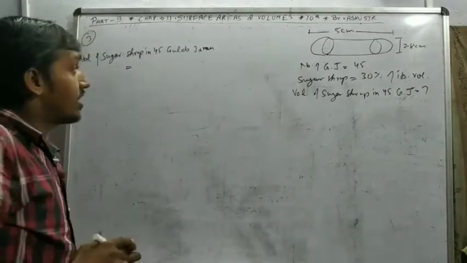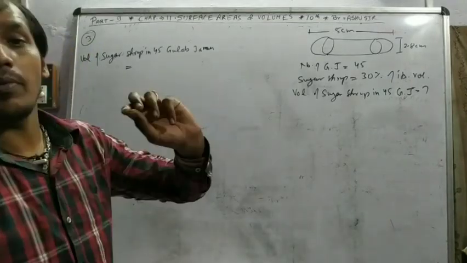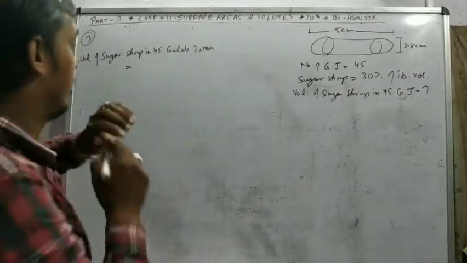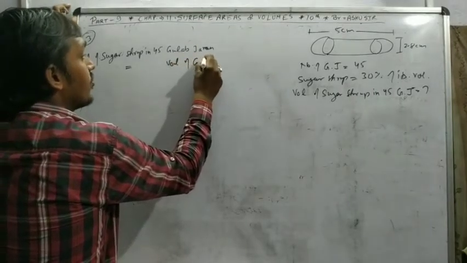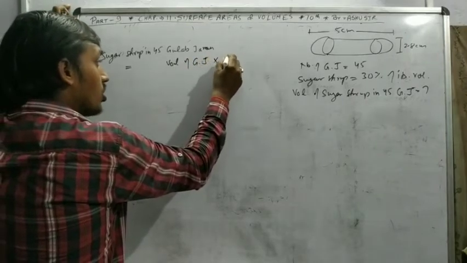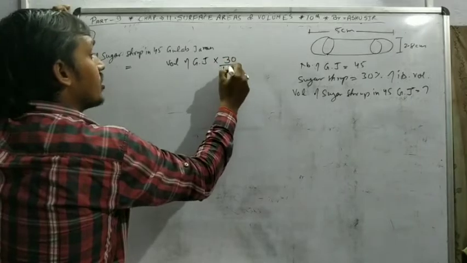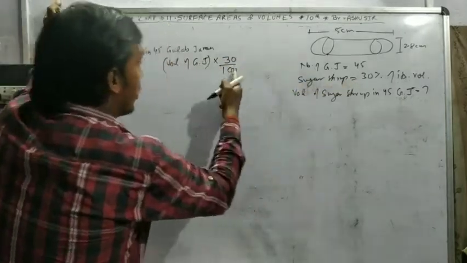So first multiply the volume of this whole figure, the volume of gulab jamun, into 30%. Why 30%? Because it is 30% sugar syrup.